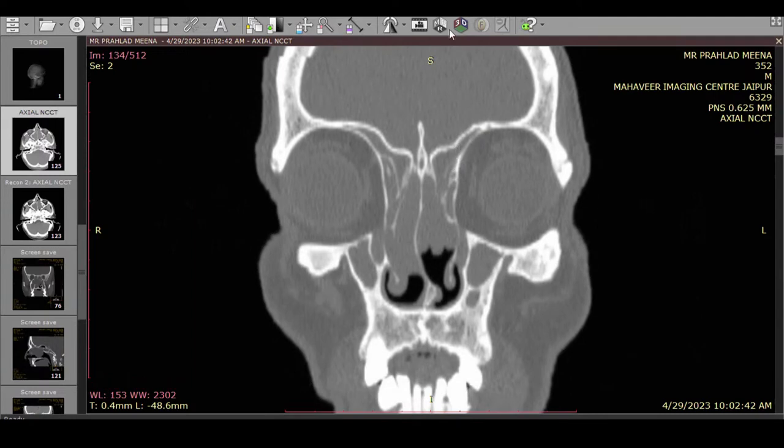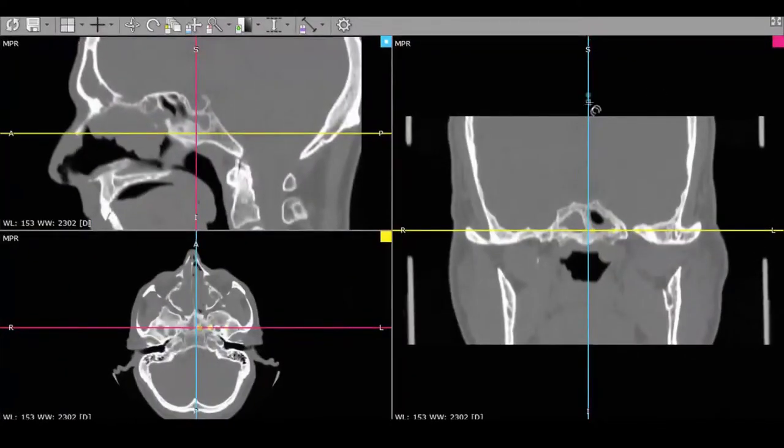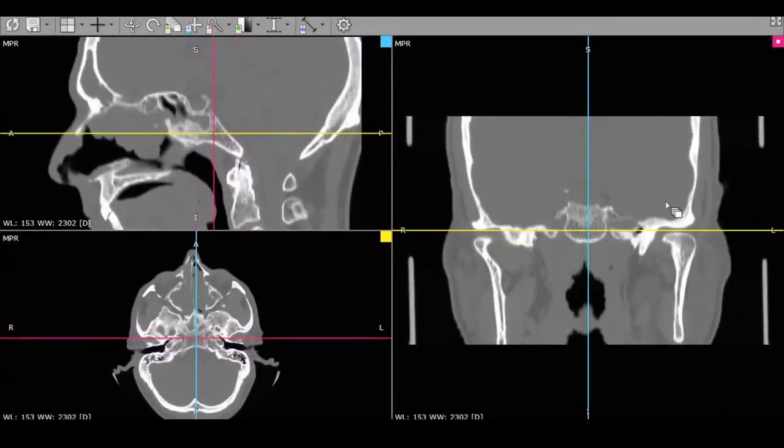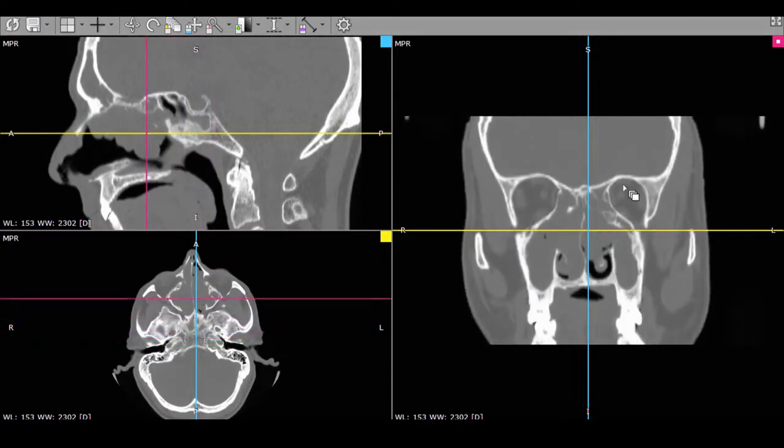Let me show you, for those who didn't understand what I'm trying to say. In the last case, remember what I showed you: medially the intersinus septal cell, then the frontal sinus, and behind the frontal sinus laterally was the supraorbital cell.